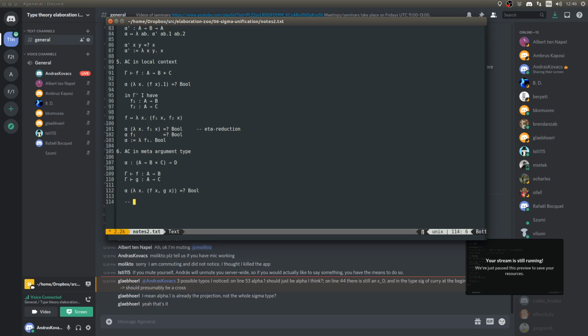Okay, and now I can transform alpha, so I get a new alpha prime. And the alpha prime has type A arrow B. And this is actually a combination of AC and currying. So I can do an AC, maybe it makes sense to split these two steps up.